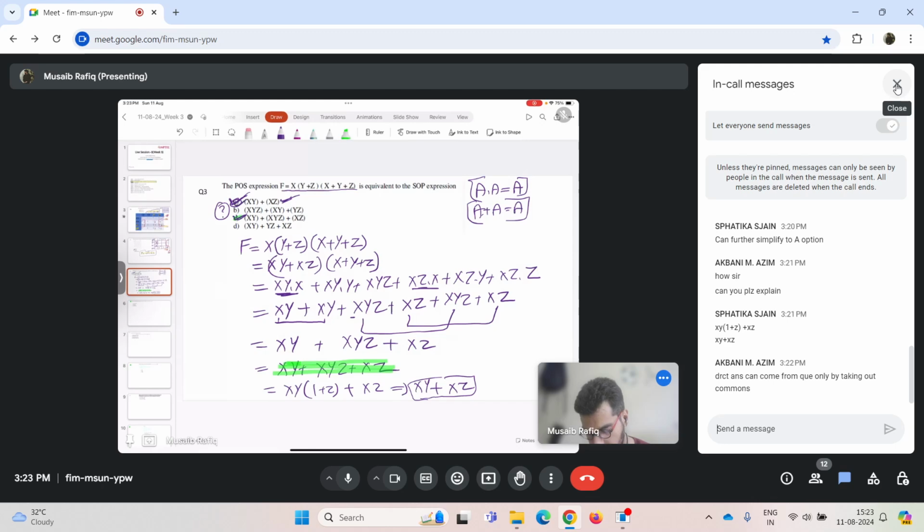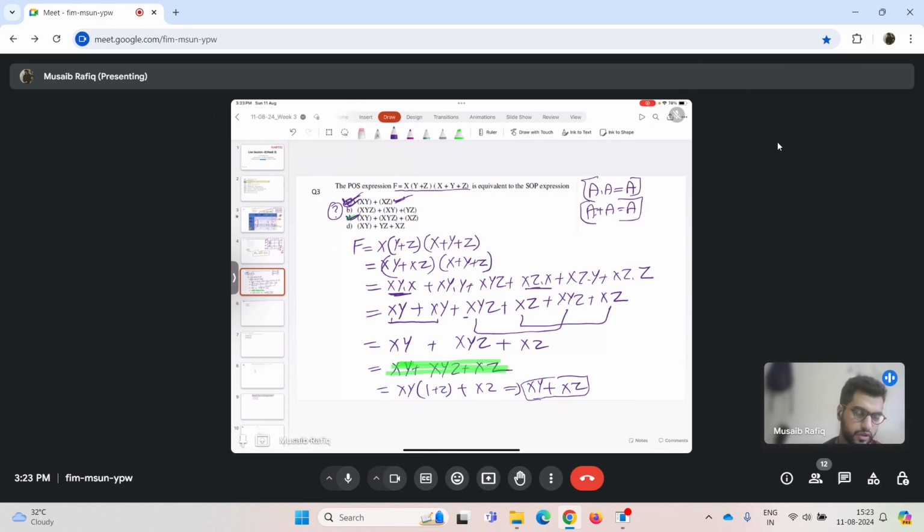Both are correct. I'll check what their official solution was. I need to dig out these solutions from I think 2021 or 2022. I don't remember in which year they gave this assignment, but I'll check it.